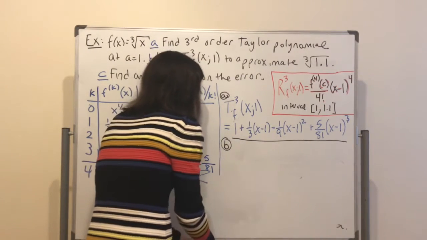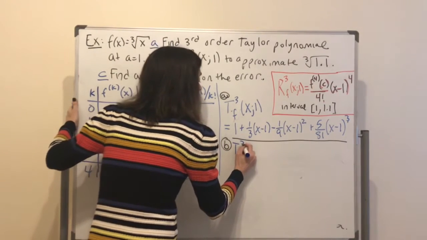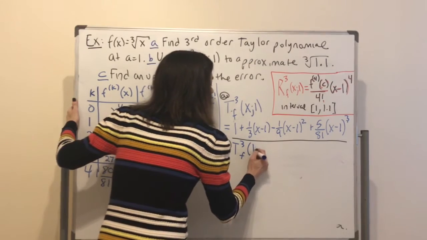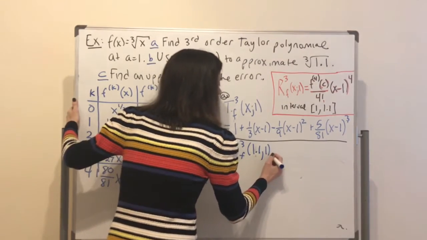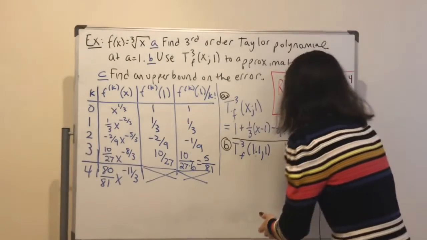What I want here is I just evaluate this polynomial at 1.1, and I'm going to have to look and see what I got in my calculator.